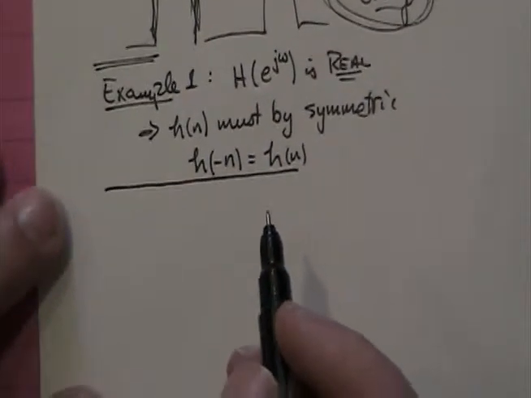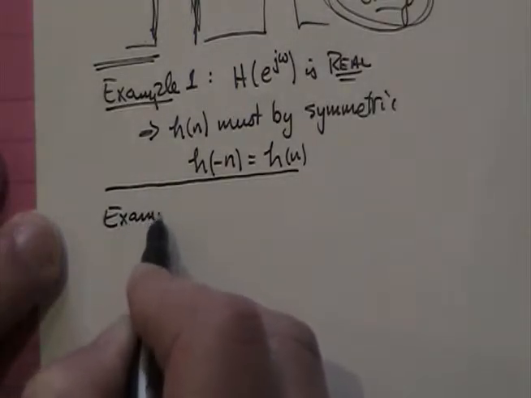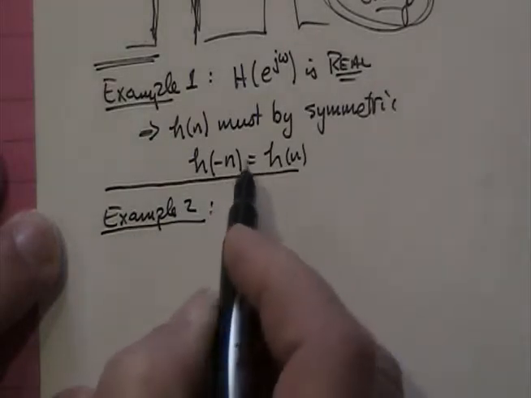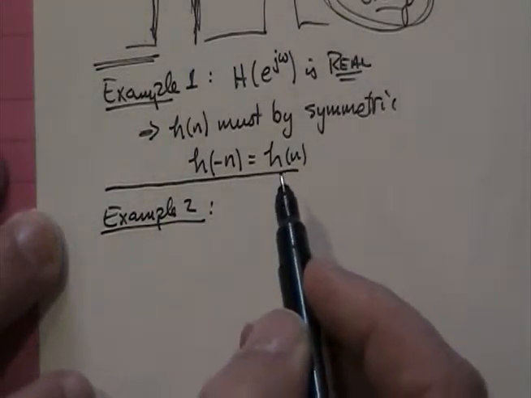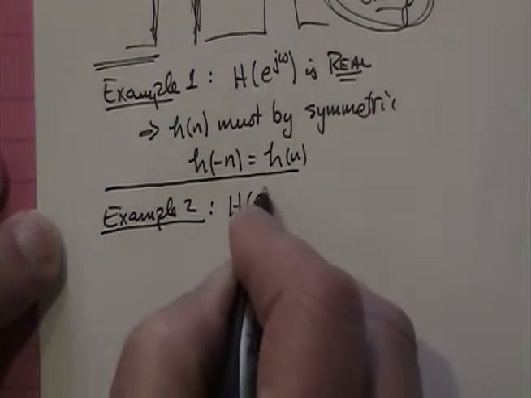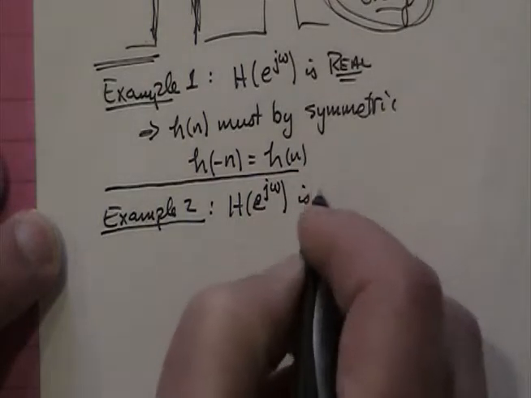There's another important example, and that's where instead of just using a real transfer function, I might choose to use a purely imaginary transfer function. So H of e to the j omega is purely imaginary.